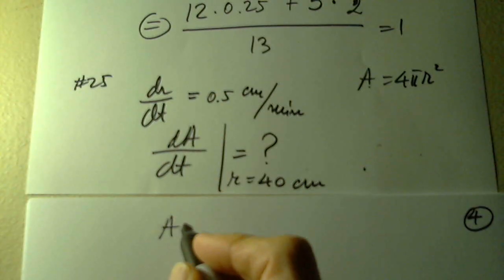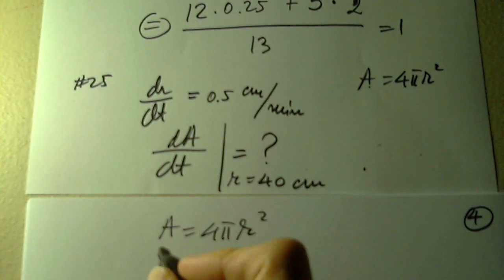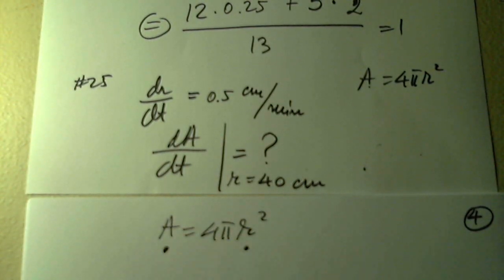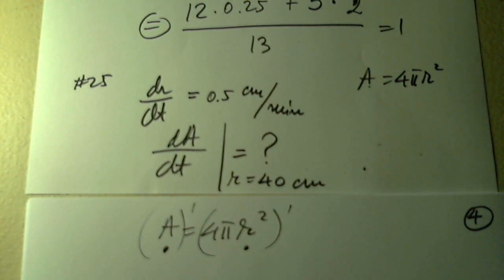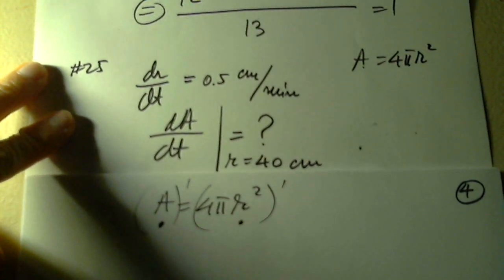So we have the formula. I put a dot underneath these. They look like variables, but they're not variables. They are functions of time. So we need to differentiate both sides, keeping in mind that A is not a variable, r is not a variable. Can anyone help?